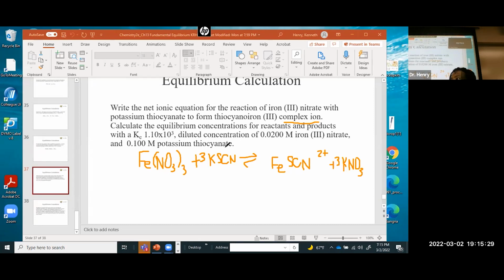To neutralize it completely, but it doesn't neutralize completely. It's forming an ion complex. In other words, it's still going to have a charge associated with it, right?